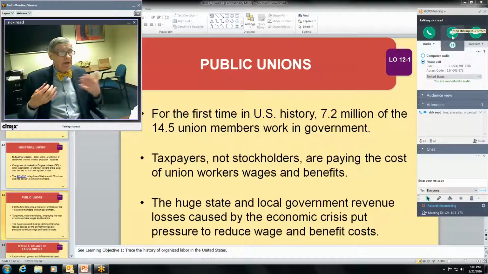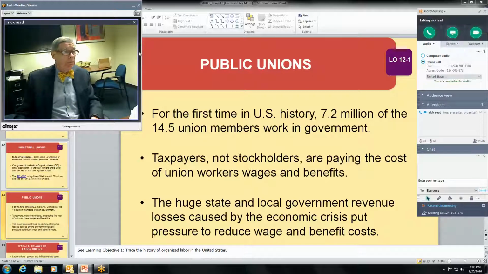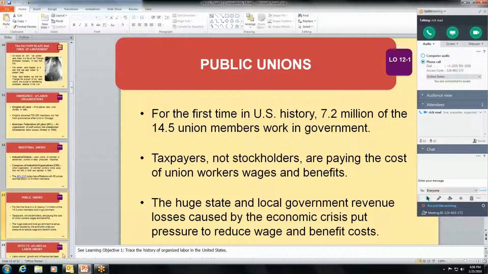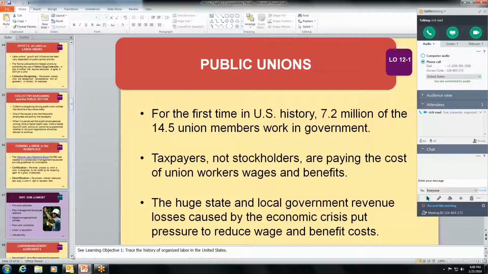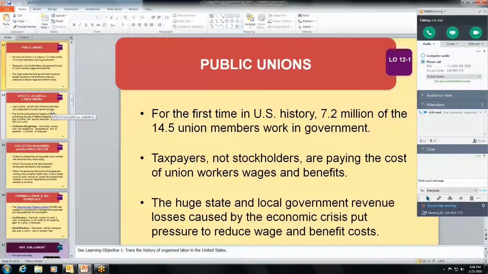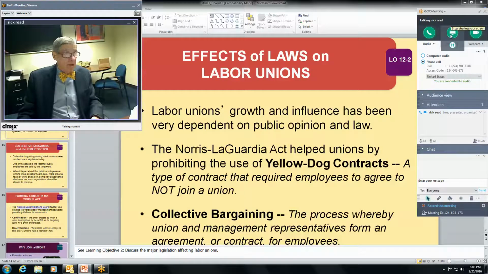State and local governments, as I mentioned before, are after the public unions, and many of them, especially Wisconsin, have complained that the unions caused them to have a shortfall in their budgets. I don't buy that argument. Yes, it was costly. Yes, maybe some changes need to be made. But the unions, by and large, didn't make decisions that caused the governments to be running in the red.